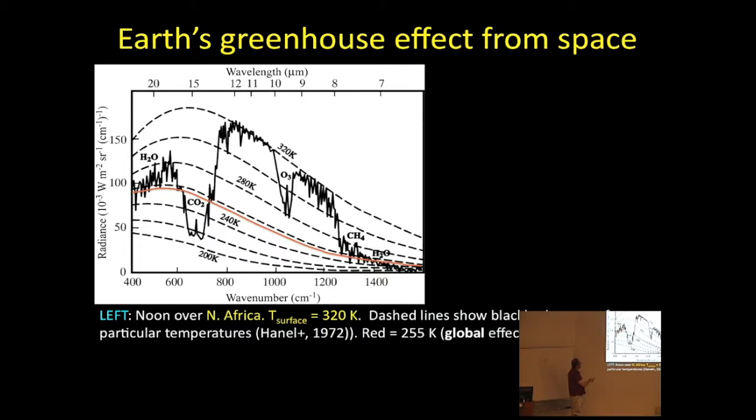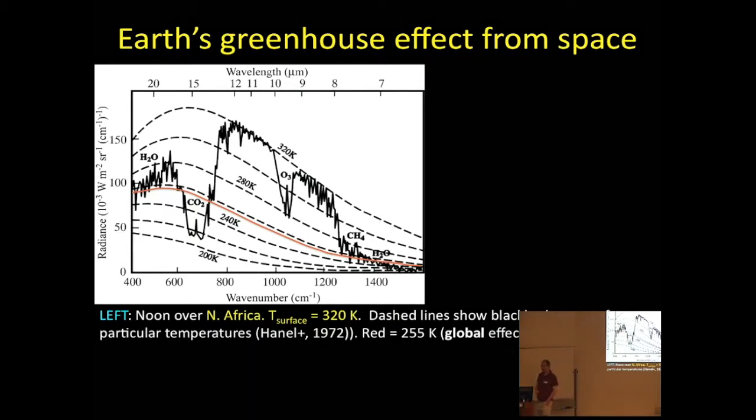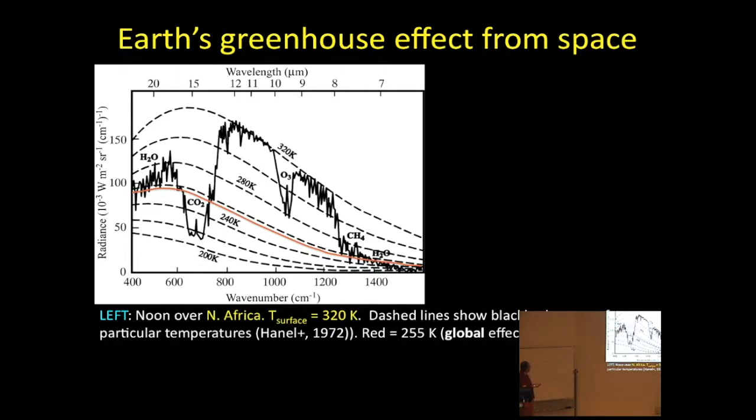So the photons here at this wavelength are going from the surface of the planet through basically an optically thin region of the spectrum, and we can see the surface directly. But elsewhere, we see cooler brightness temperatures, which means they're coming from higher up in the atmosphere.